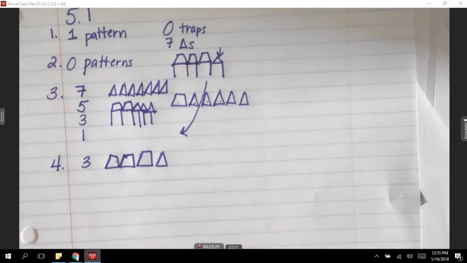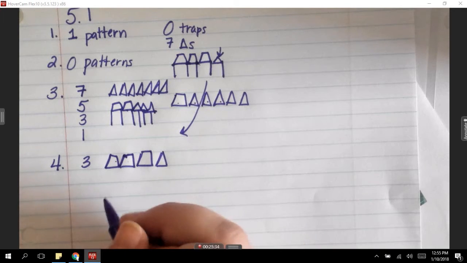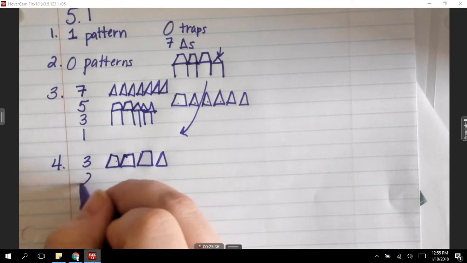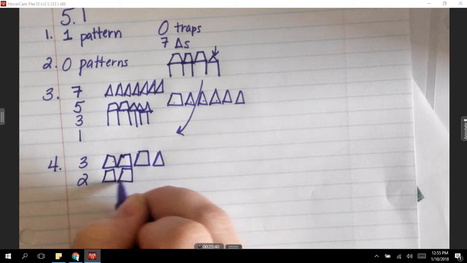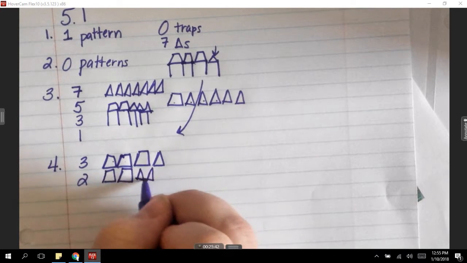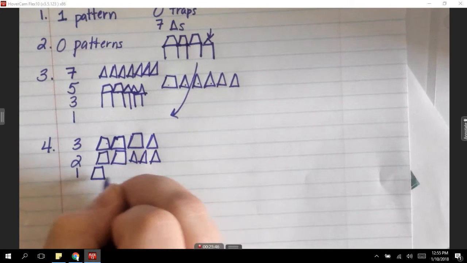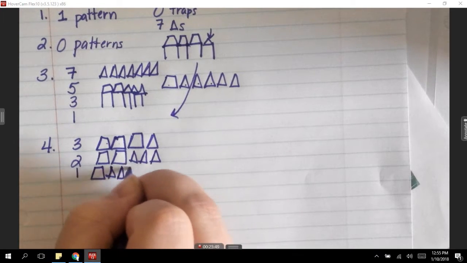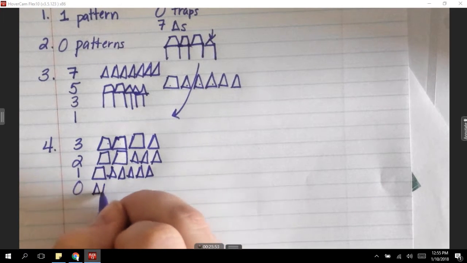You can have 3 of them. You can also have 2 of them. 2, get a point. So 1, 2, 3, 4, 5, 6, 7. You can have 1 of them. So 1 trapezoid. Or you can have 0 trapezoids, which means I have all triangles.